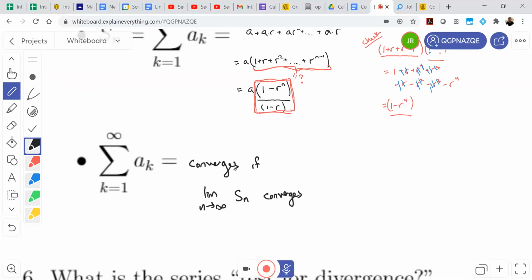But that object, the limit as n goes to infinity of S sub n, is just equal to the limit as n goes to infinity of the formula we just derived up here. So that's a times 1 minus r to the n divided by 1 minus r.